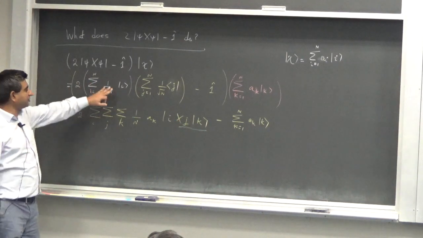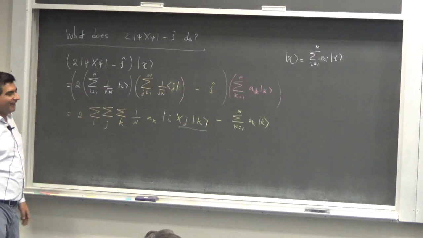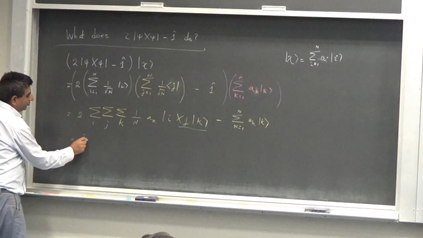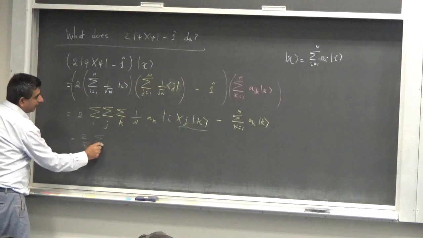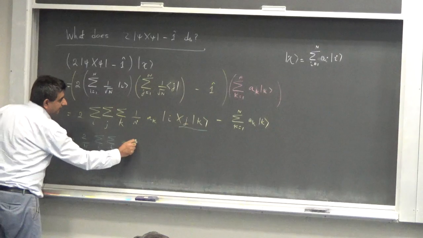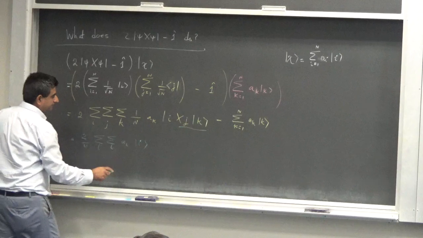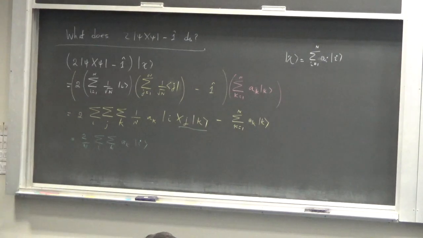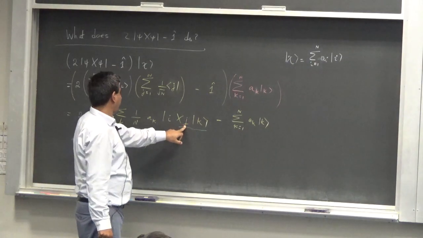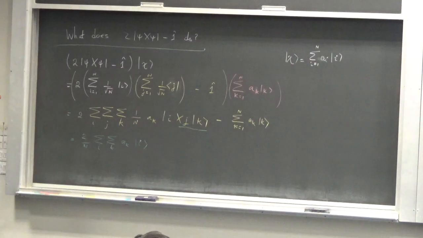So I can remove all the j's here, and I'll be left with 2 over n, sum over i, k, ak, ket i.